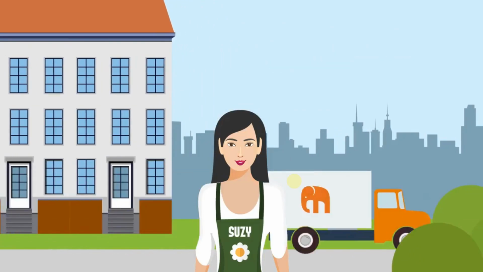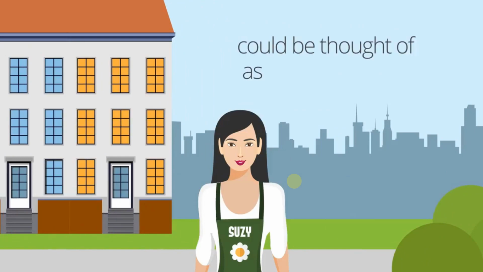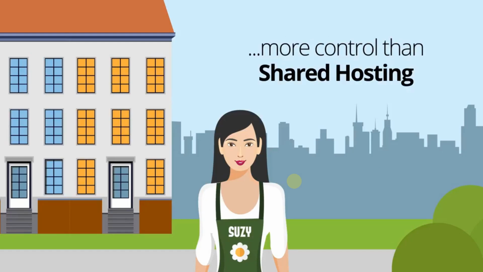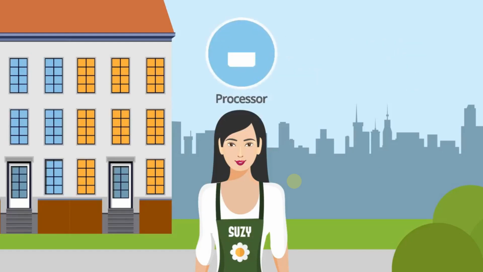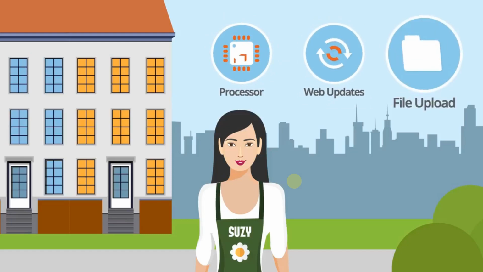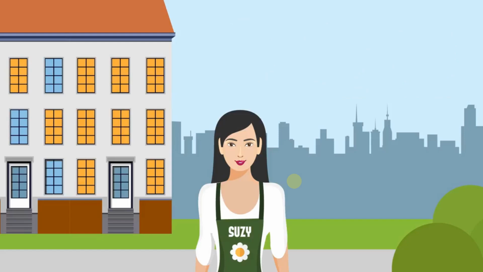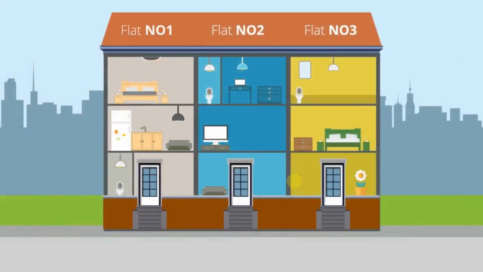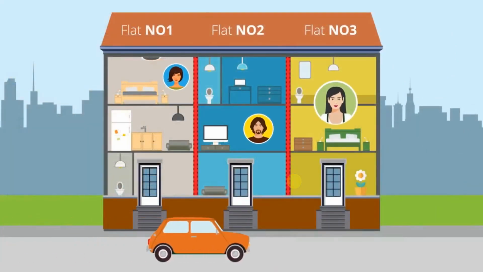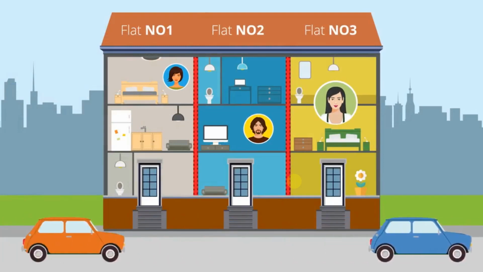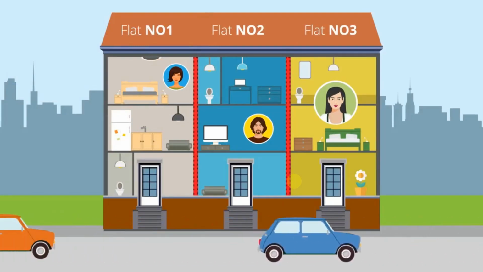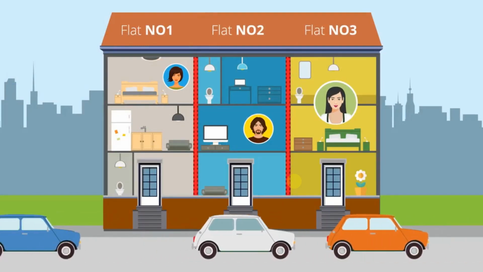Compared to an apartment, this could be thought of as a townhouse. It's larger, you have more rooms, more space, and more control than shared hosting. Again, you share the property and its facilities, such as processor usage, but it has fewer residents. You have more control, and the rooms are soundproofed. So if you get lots of visitors, lots of traffic to your website, then everything will be easier.